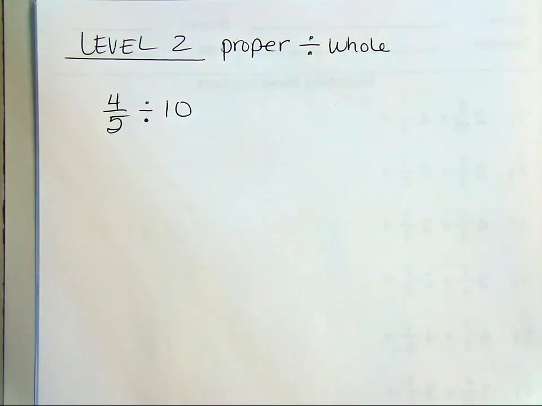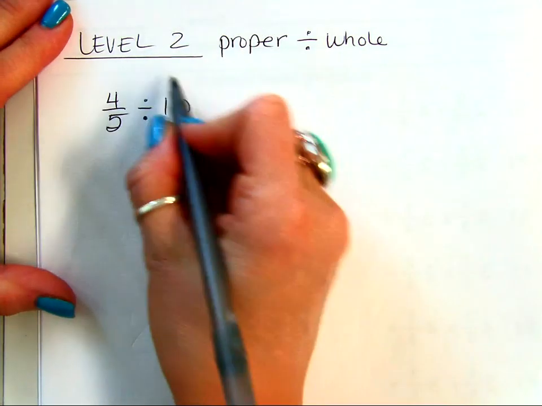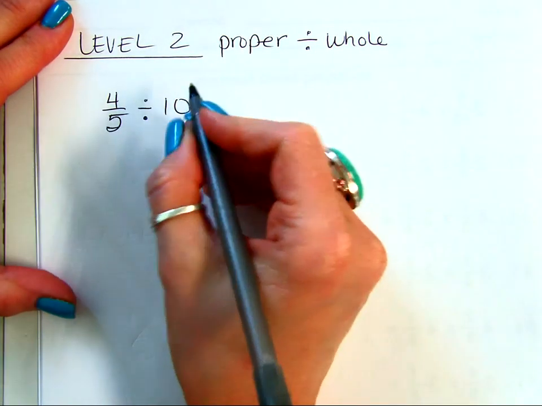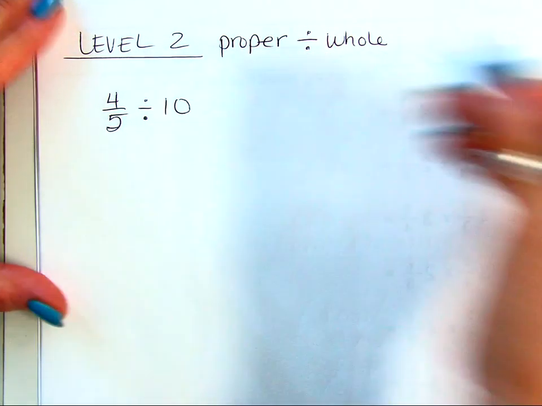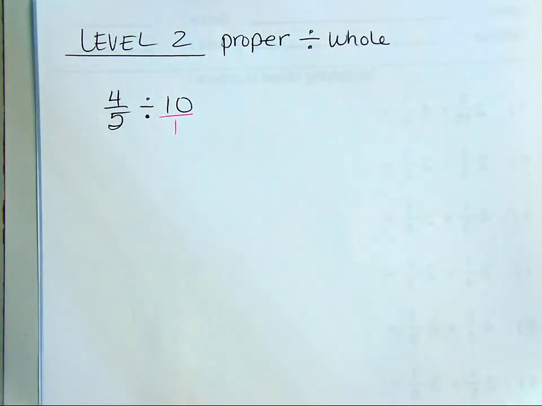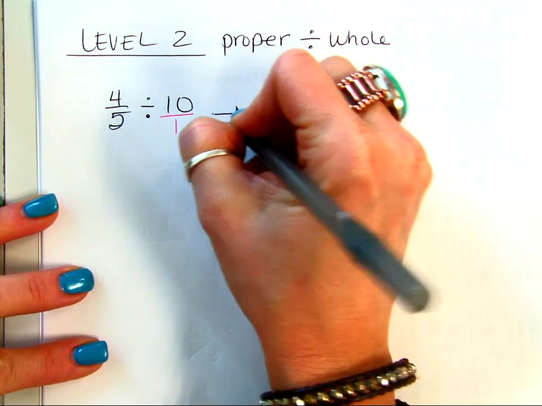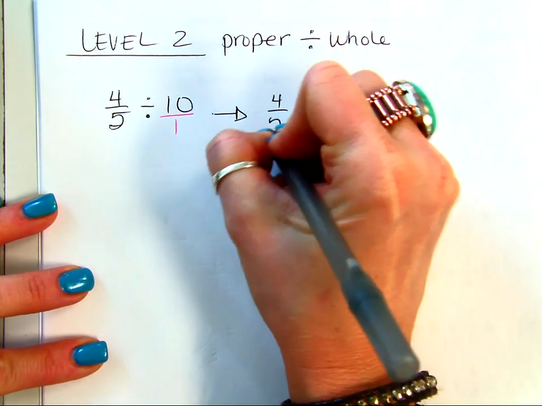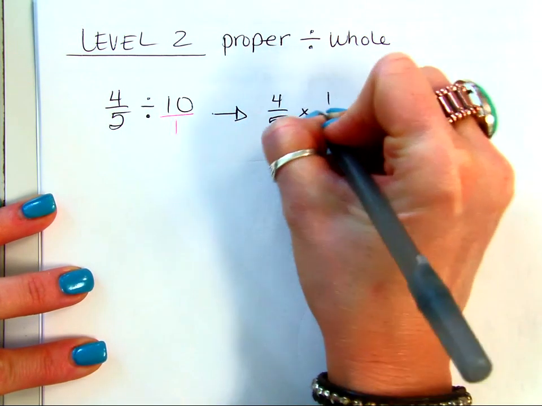So you're going to really probably hate me for this, but I don't care. So here's how you're going to have to do this. I don't want you to touch the problem, okay? I guess in this one you can. Later down the line, I'm not going to let you, so watch. You can go ahead and just write it like that. And then this problem is going to turn into 4/5 times 1/10.